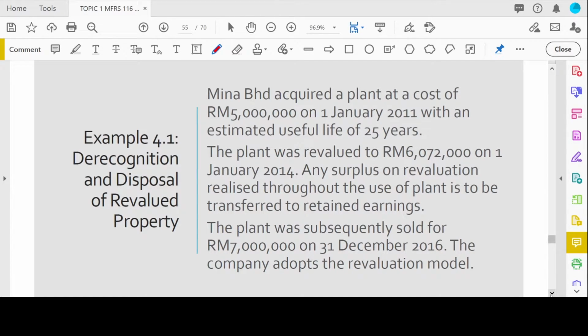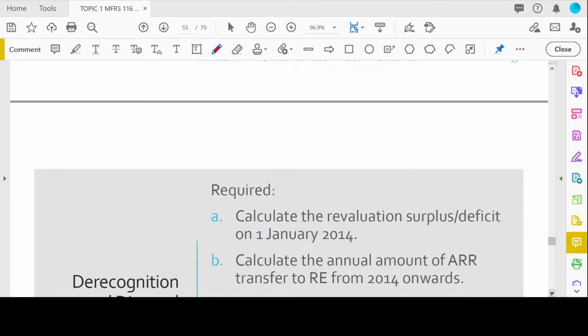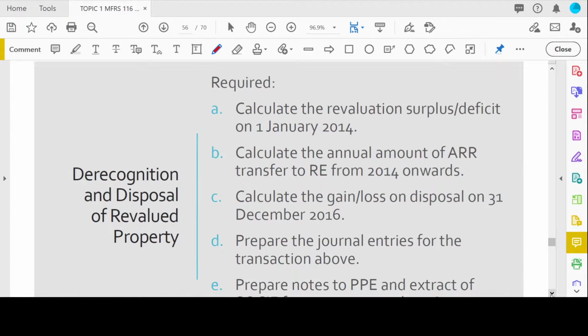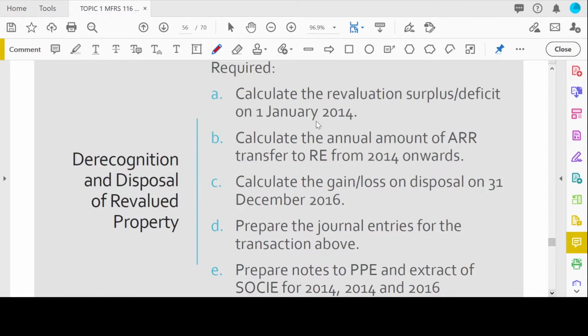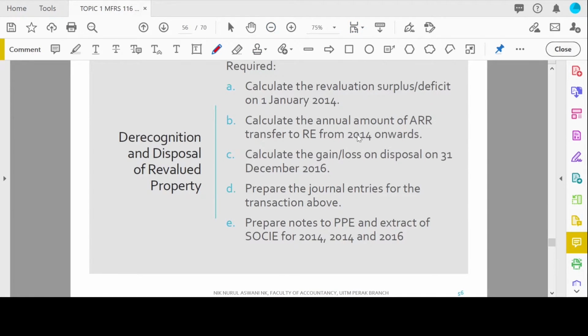The requirements are: number 1, to calculate the revaluation surplus or deficit on 1st January 2014; to calculate the annual amount of ARR transferred to retained earnings from 2014 onwards; to calculate any gain or loss on disposal on 31st December 2016; to prepare the journal entry to record the above transaction; and to prepare notes to PPE for 2014, 2015, and 2016.